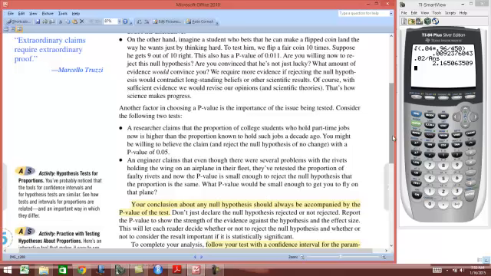On the other hand, if you're checking out something like rivets in an airplane wing, and you want to test the hypothesis that there's nothing wrong with them, you'd want the p-value to reject that to be really low, okay?